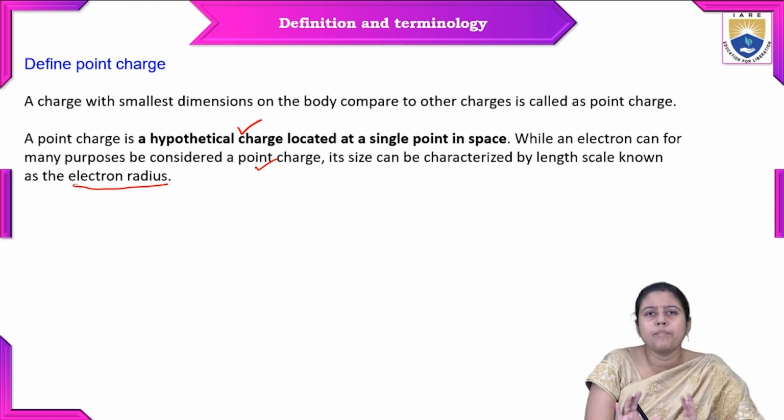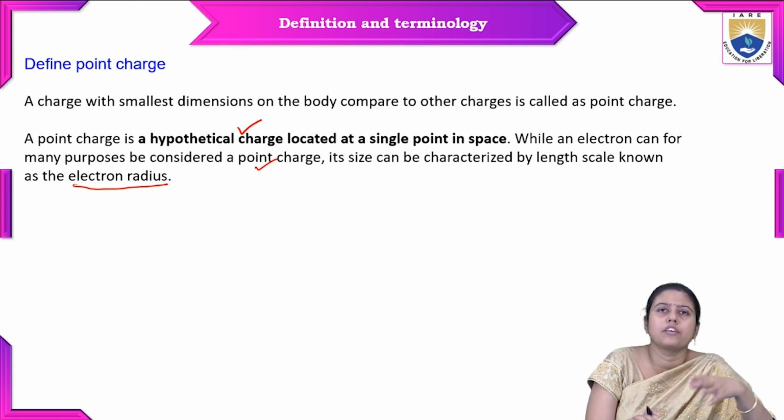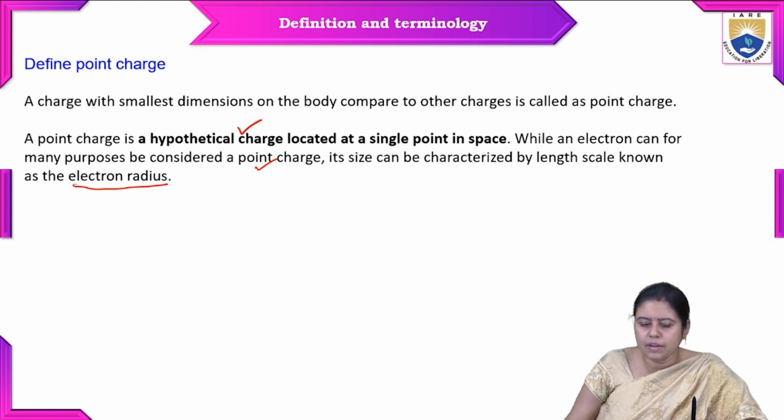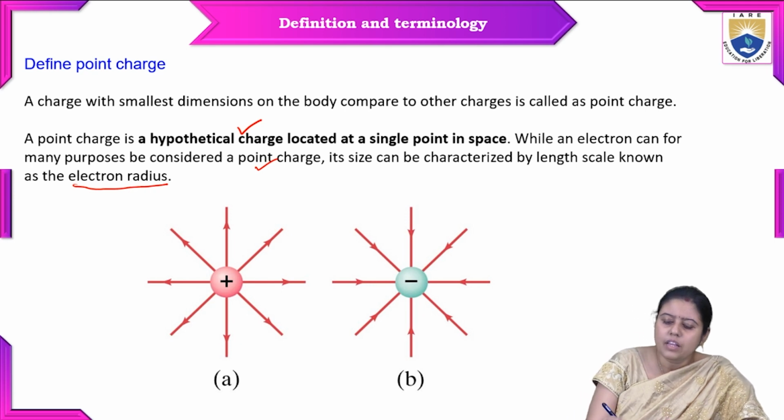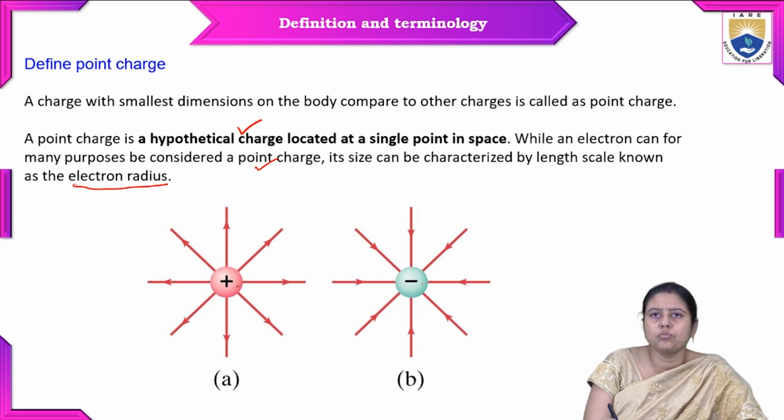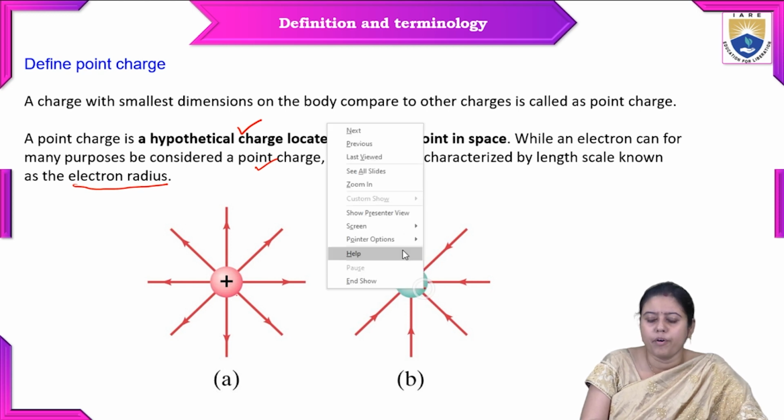But if there are many charges, maybe a combination of 2 electrons, 3 electrons, 5 electrons, we can also call them a point charge. Point charge is always of two types: plus means positive and minus means negative point charge.